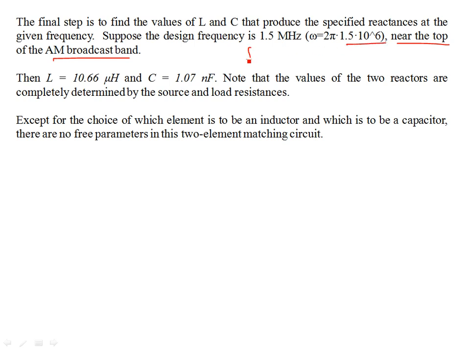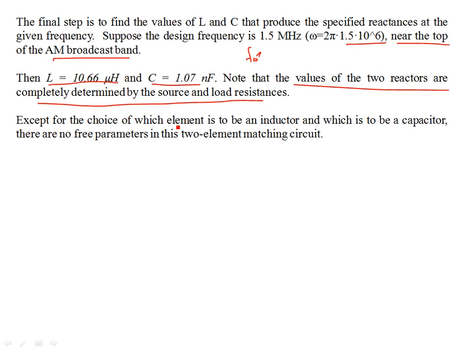So if this is your design frequency, then from this design frequency, you can find the inductance and the capacitance. So these two values of the reactors completely determine the source and load resistances.